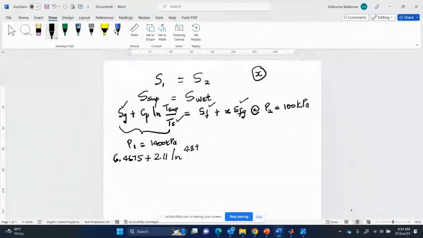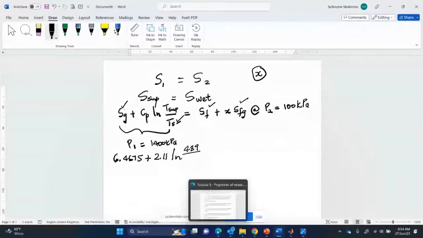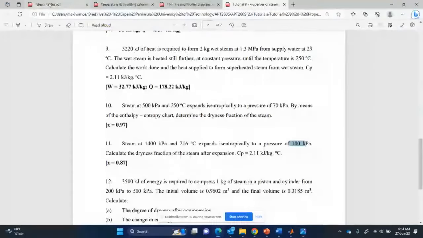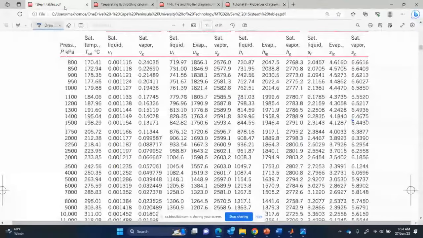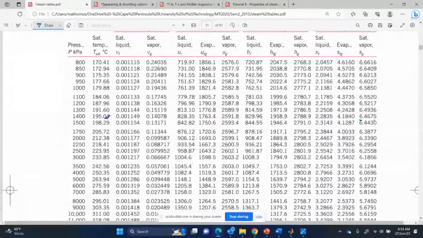Divided by Ts at 1400, the saturation temperature. We go to steam tables. At 1400, Ts is 195.04. 195.04 plus 273 is 468.04.